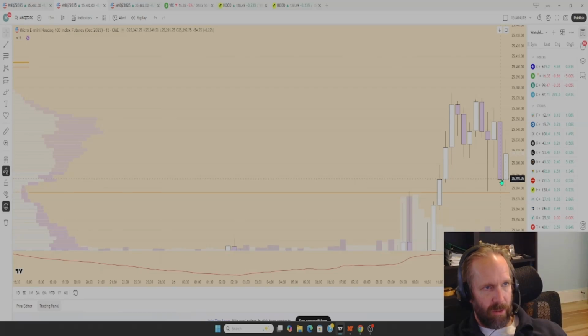There are buyers. Why are there buyers? Because that's the bottom of this range. So when you see a range, you don't want to be selling at the bottom of the range and buying at the top. You want to be buying at the bottom of the range and selling at the top.